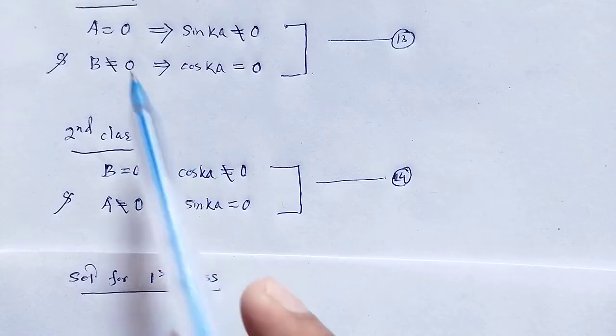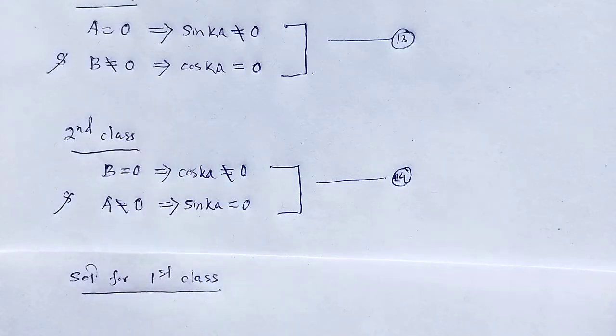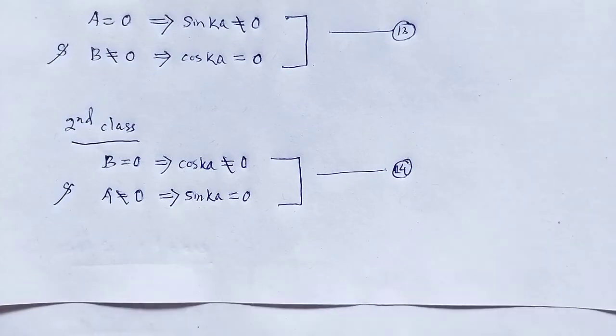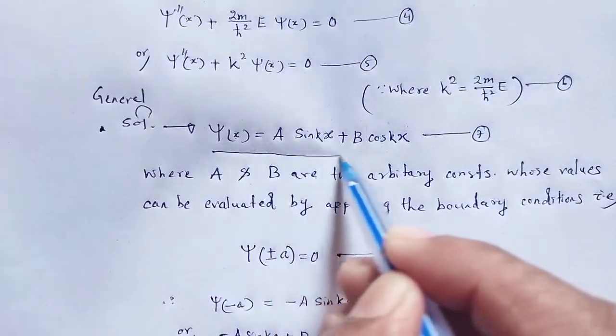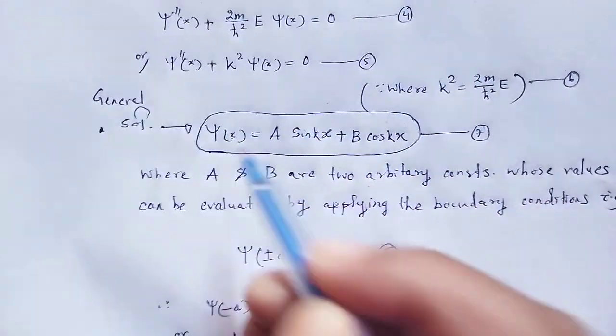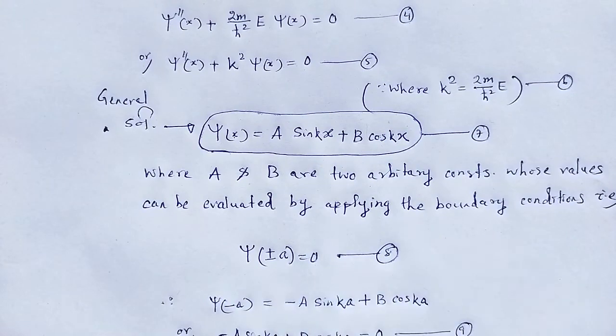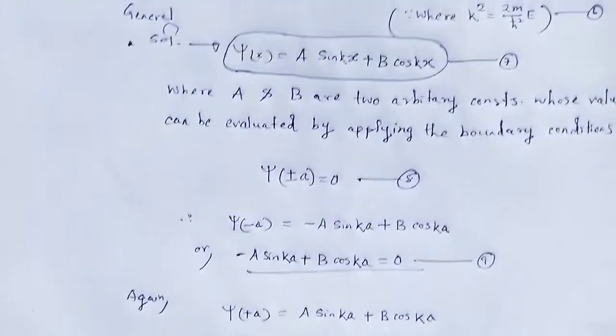Now we substitute a is equal to 0 in the general solution, that is equation number 7, to get the solution.